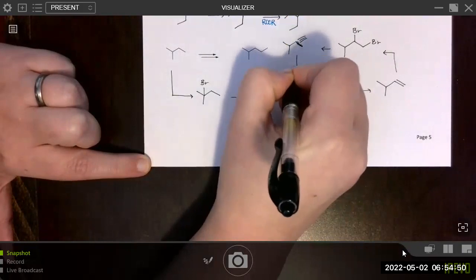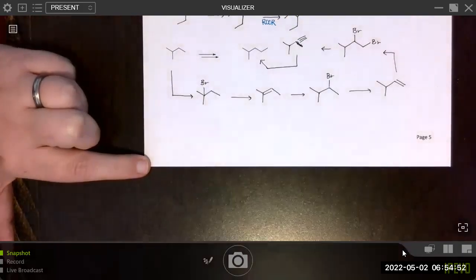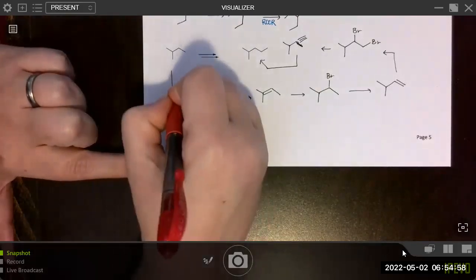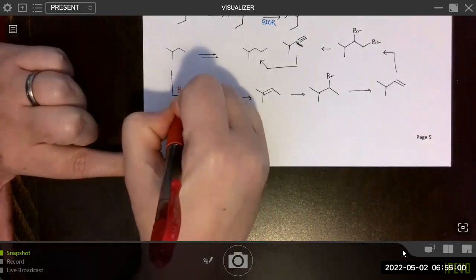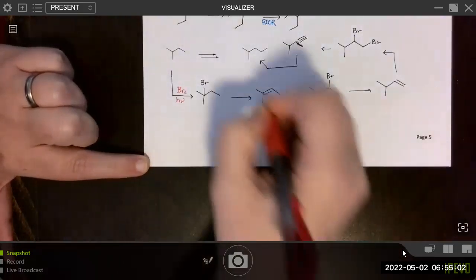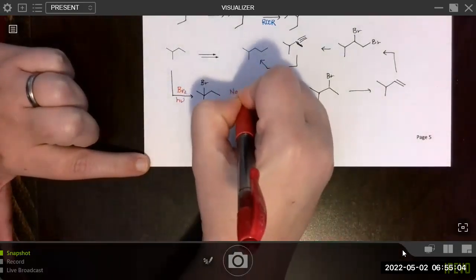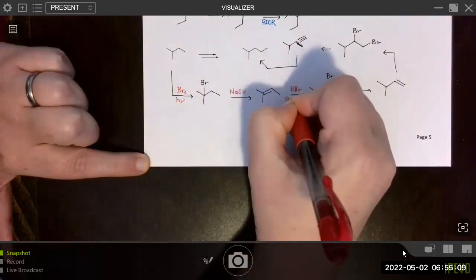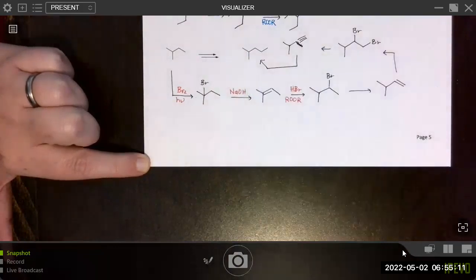And then we can reduce the alkyne to... drawing in our reagents here, starting with Br2 and light, doing a Zaitsev elimination, followed by addition of HBr anti-Markovnikov.